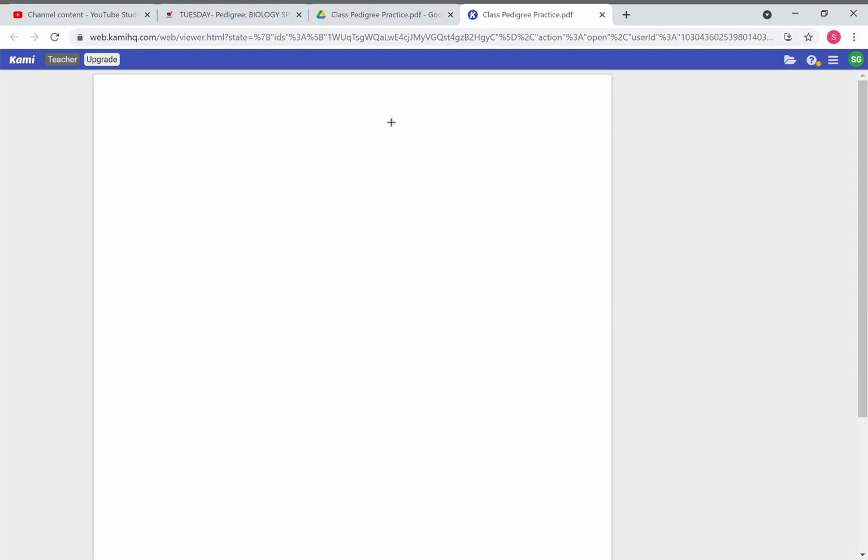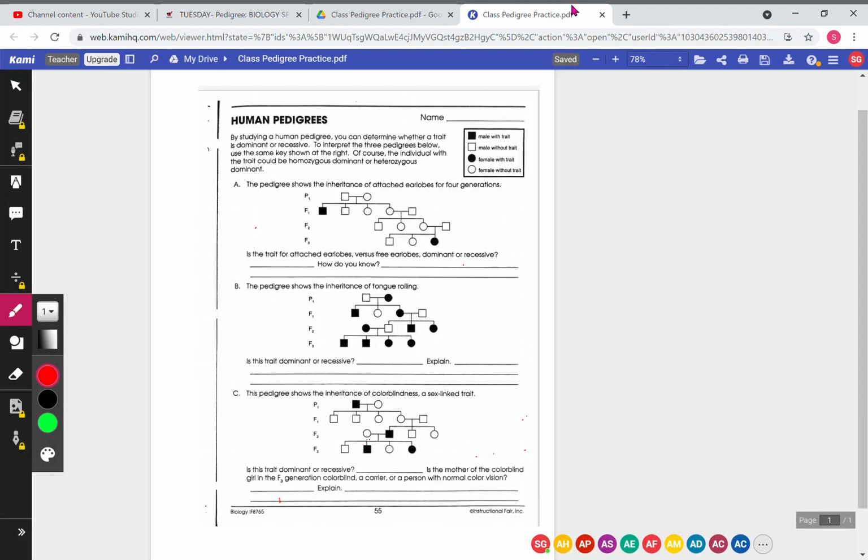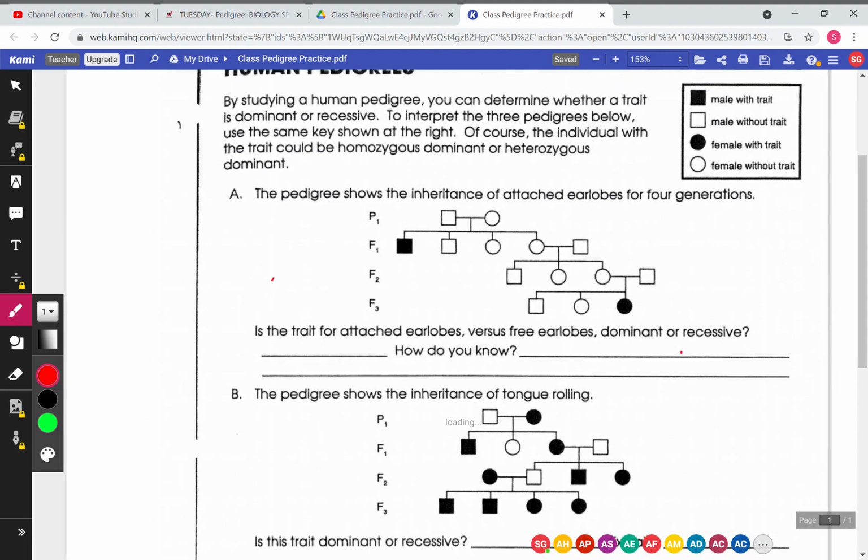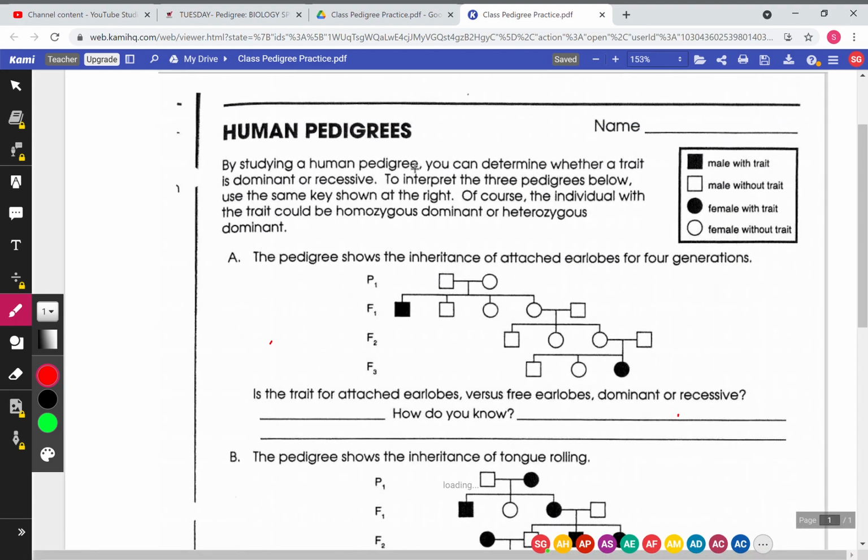So I'm going to open it in Cami so I can write on it. I'm going to make it a little bigger so we can see it. We're going to look at the first one. It's telling us they have a trait.